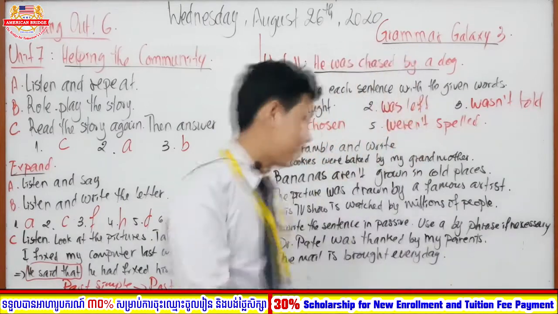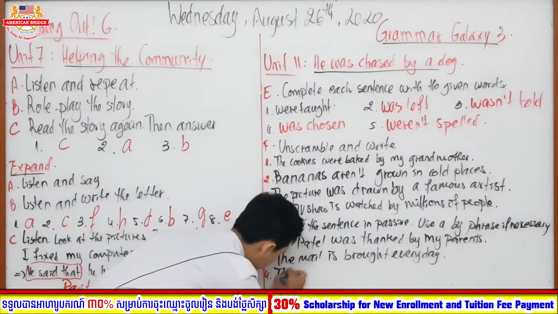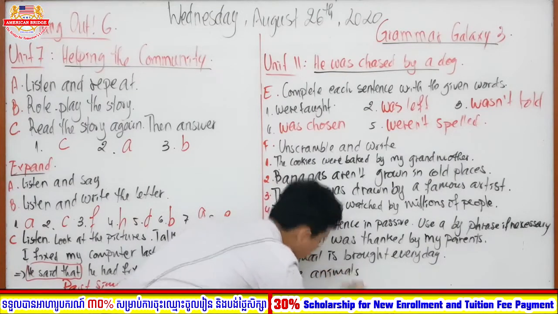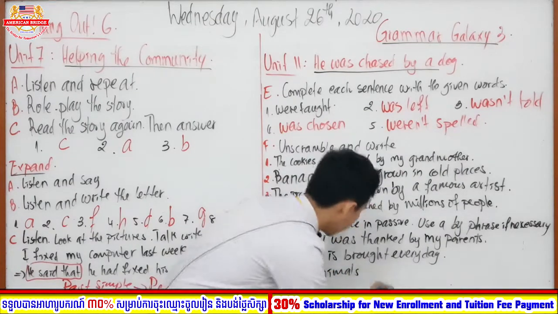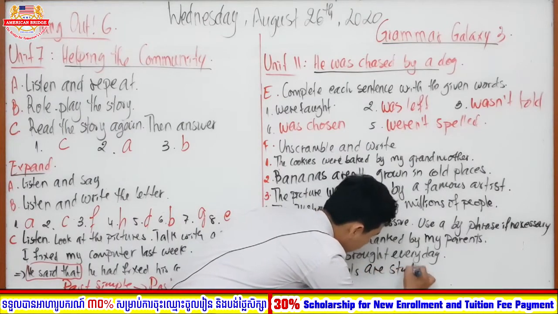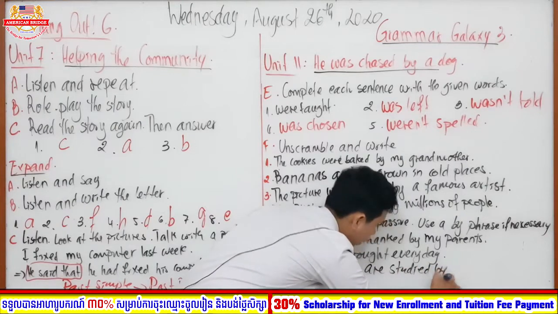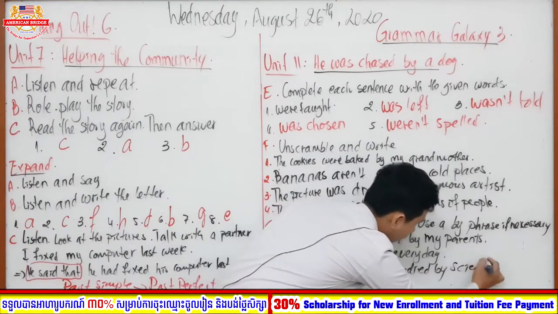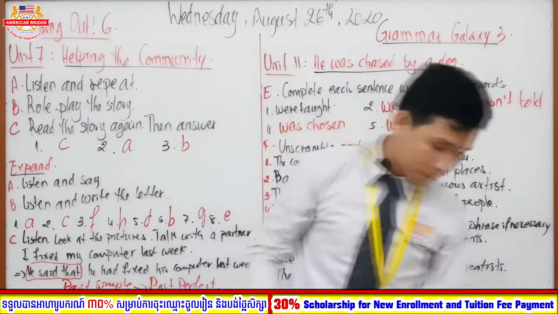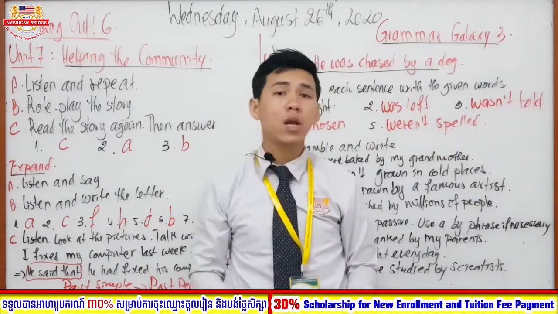What is it, everyone? Very good. These animals, it is present, so we change to present, right? Are studied by scientists. Okay, so here is the answer to number 4.